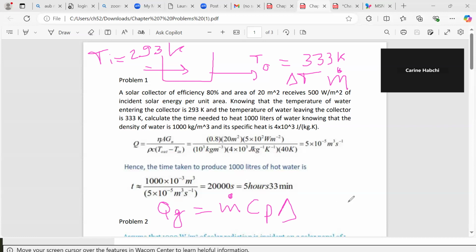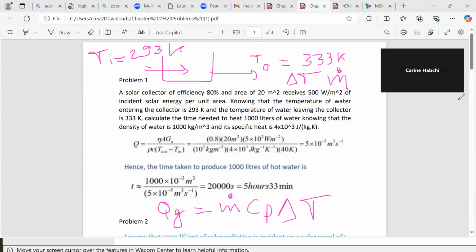Of course, you don't have a change of phase because you are operating at a temperature above the phase change temperature. Since I gave you different inlet and outlet temperatures, it's sensible heating. Okay, and you are away from 0 degrees and 100 degrees, which are the temperatures for water at which you have change of phase at standard conditions.